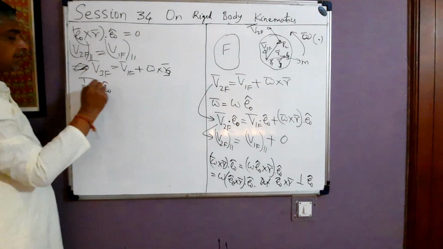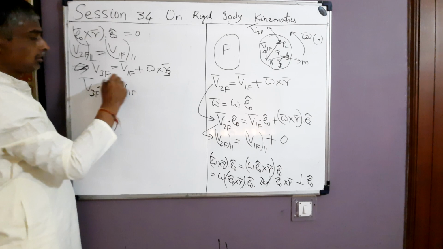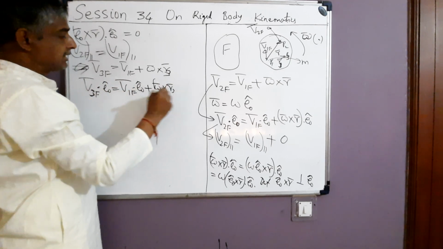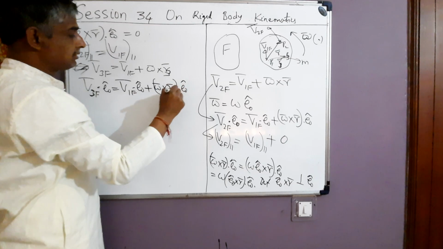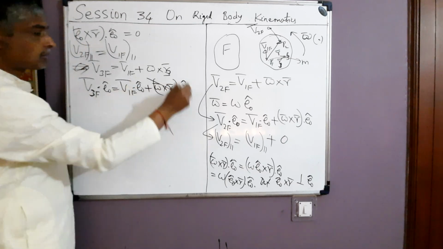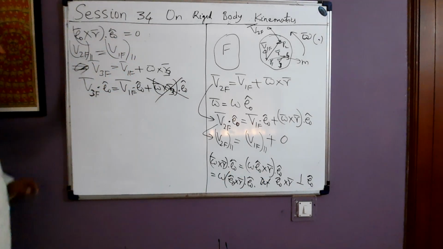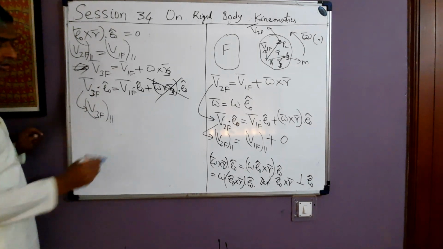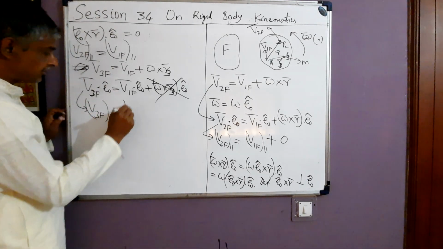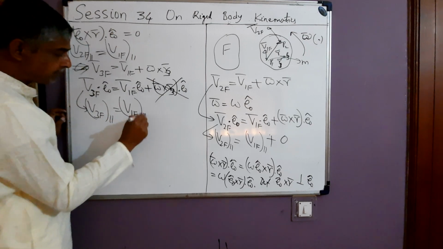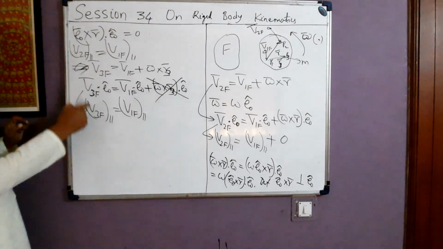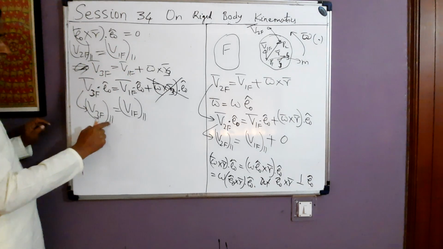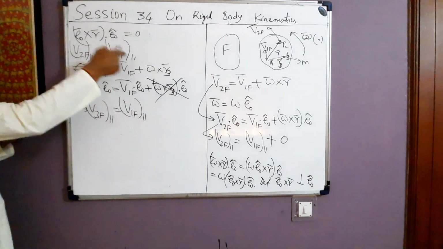V3F dot E naught hat is equal to V1F dot E naught hat plus omega cross R3 dot E naught hat. Now this term again drops out as it dropped here. And this quantity is nothing but the component of V3F along E naught, V3F parallel. This is the component of V1F along E naught, V1F parallel. So from these two equations, what do we see? V2F parallel is equal to V1F parallel. V3F parallel is equal to V1F parallel. So these three are equal.